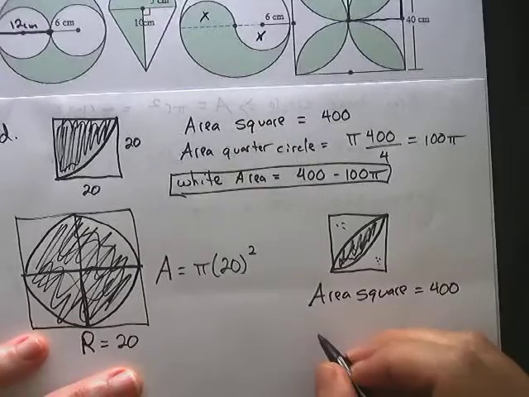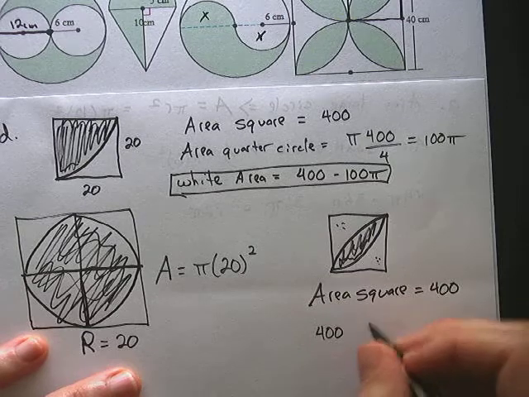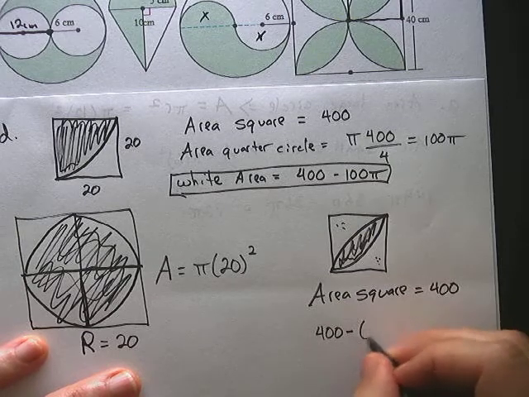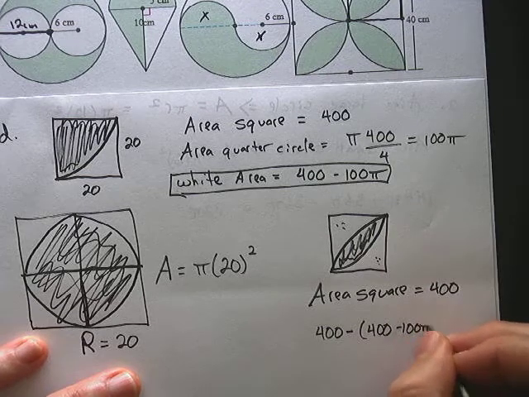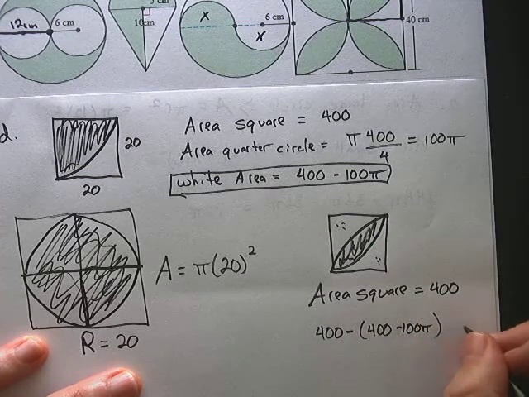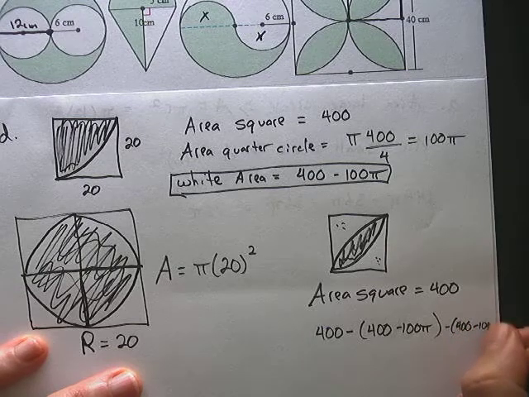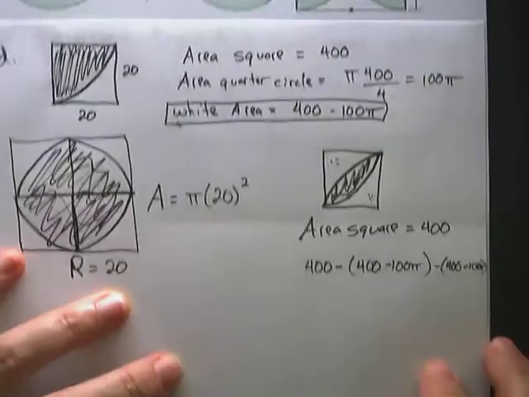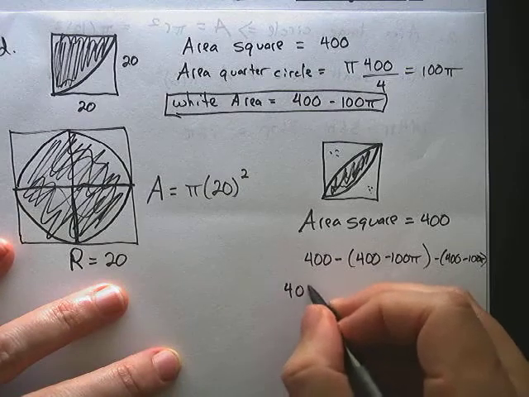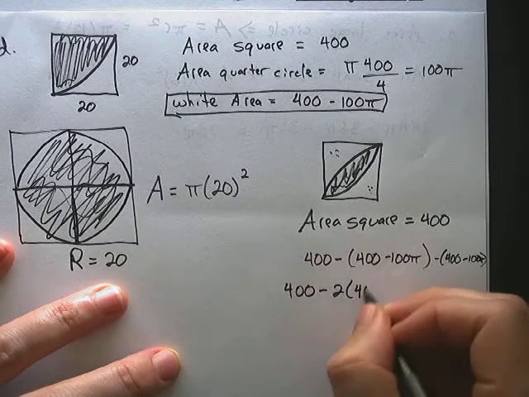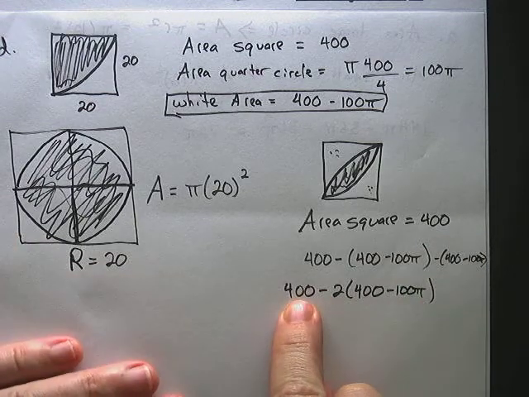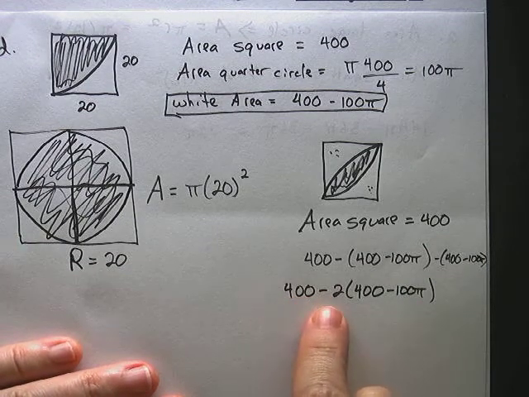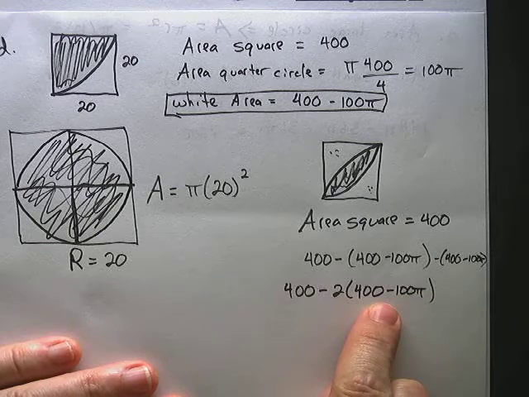Okay, so I have 400 minus one white region, which is 400 minus 100 pi, and then minus another one, 400 minus 100 pi, running out of room there, which is in essence 400 minus 2 times 400 minus 100 pi. So area of the square minus 2 of the white unshaded regions.